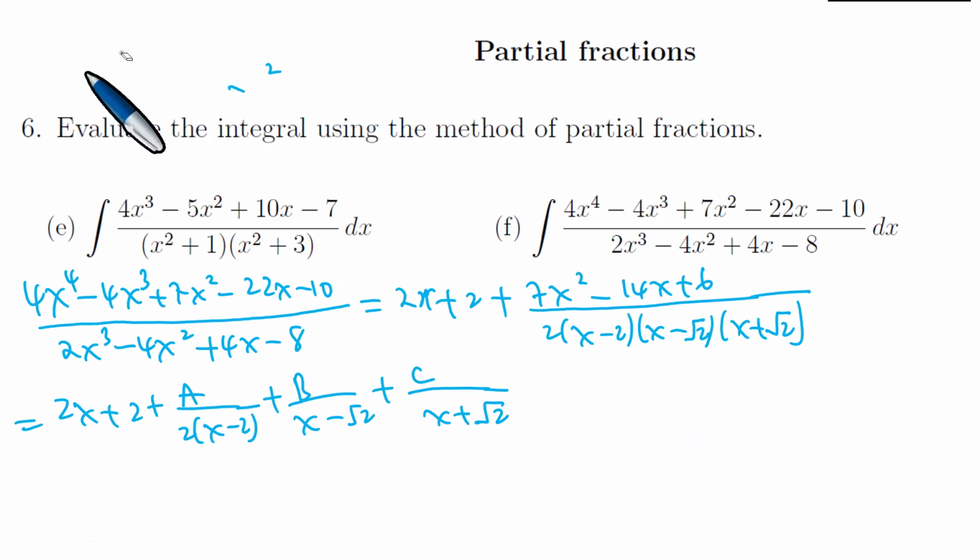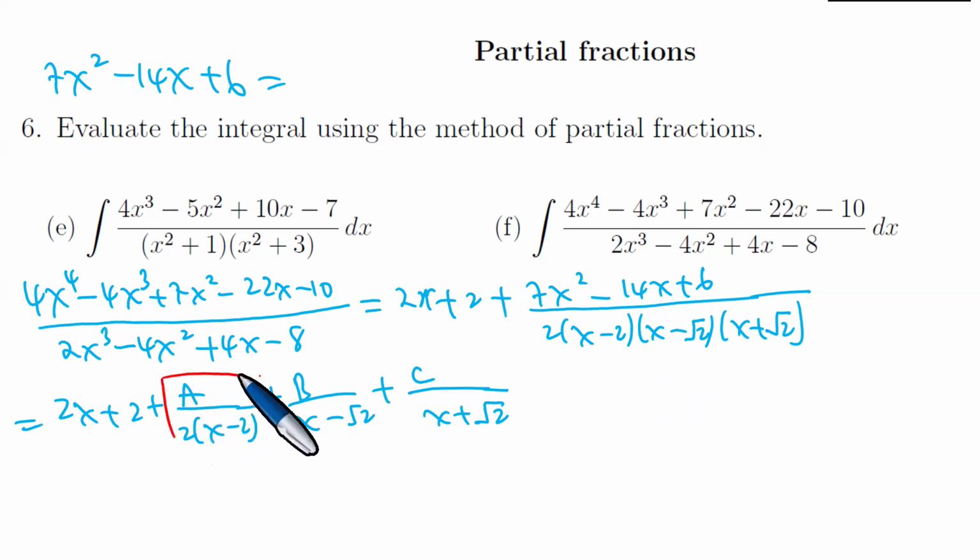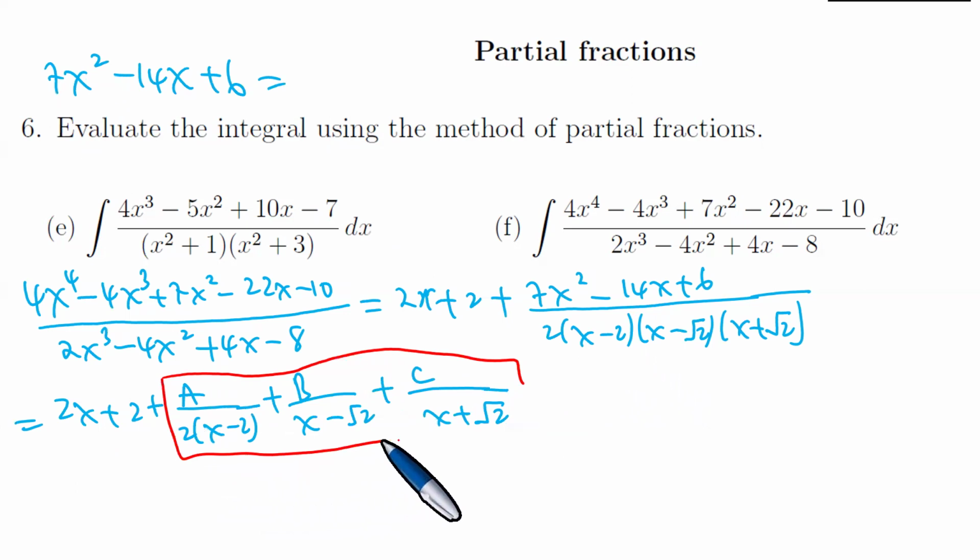Meaning that you can just focus on this one and multiply it through by the LCD so that we have 7x squared minus 14x plus 6. In other words, you focus on this one, only this.